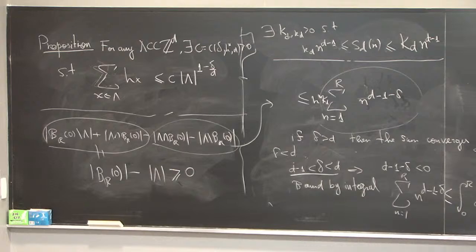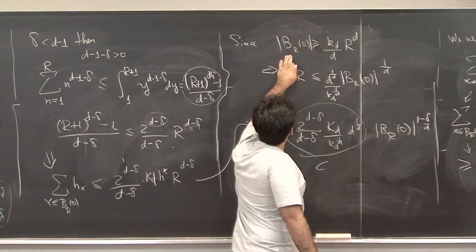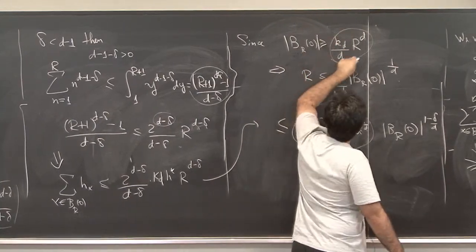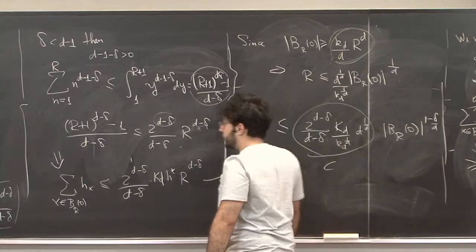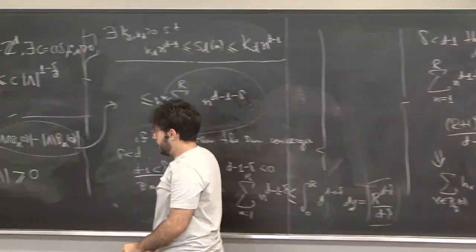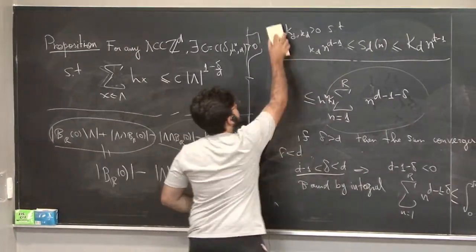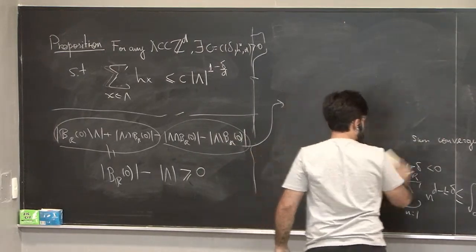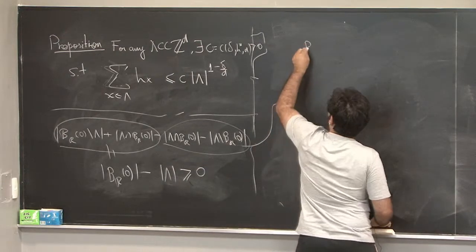But what happens is that I know that the ball, with respect to the radius, is lower bounded by this quantity over here. So in order for this to happen, I just need to choose r.